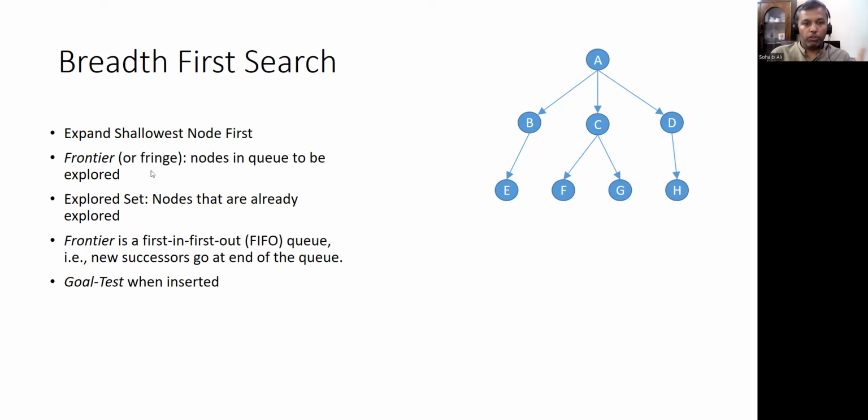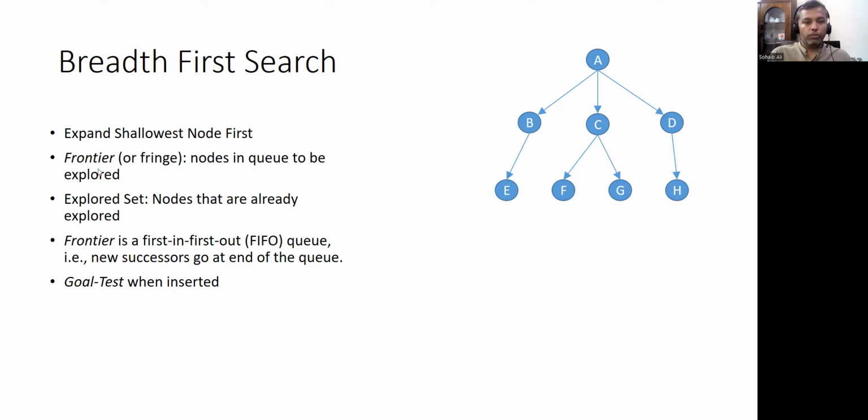As I explore each parent, I'm going to put its children in this frontier or fringe queue, and as soon as I visit each child, I'm going to move that child from this frontier into this explored set. So as I'm exploring the graph, I'm moving the nodes from the frontier to explored, and then adding more nodes into the frontier, because I want to continue visiting the unexplored nodes that I have in my graph.